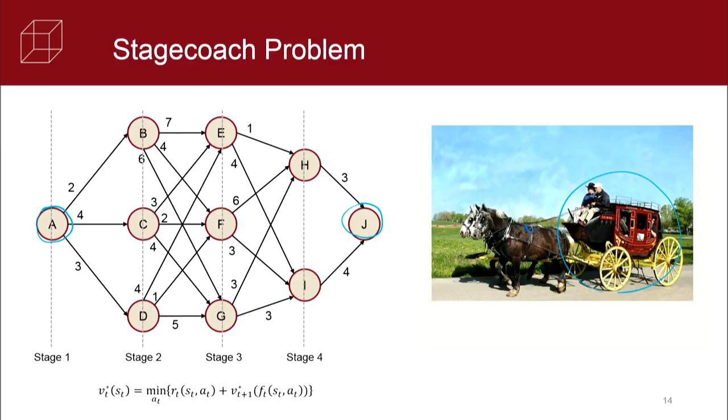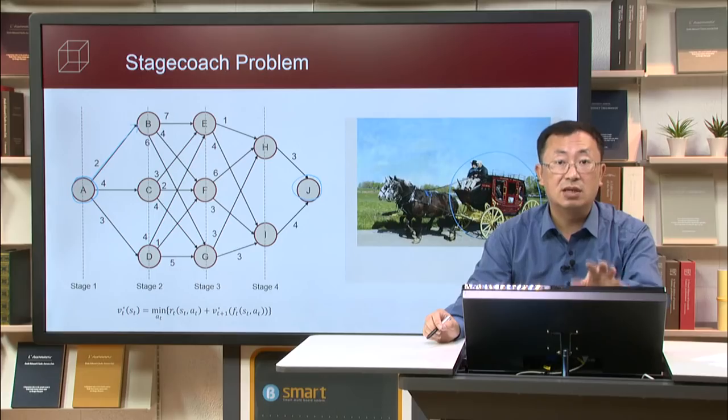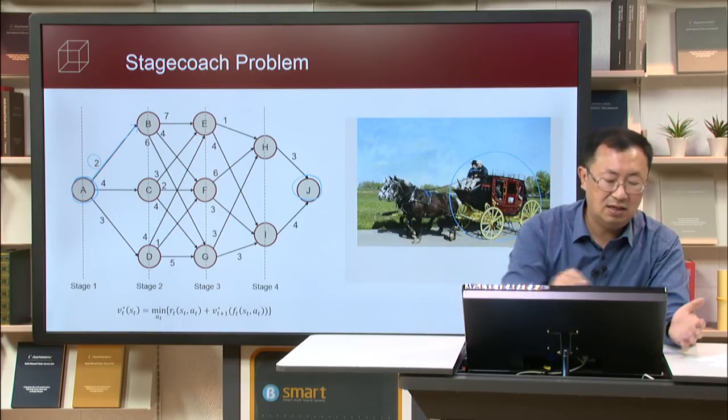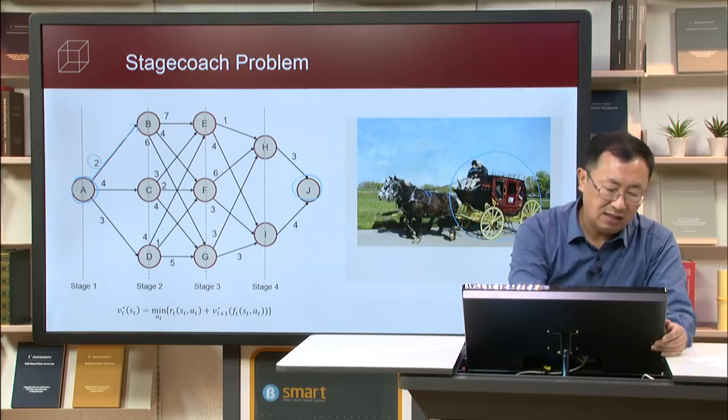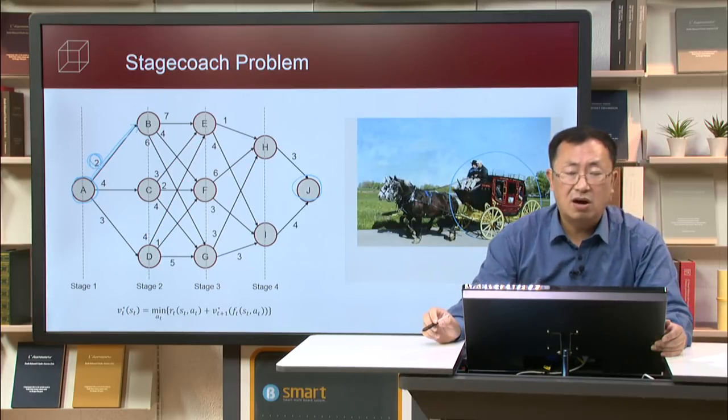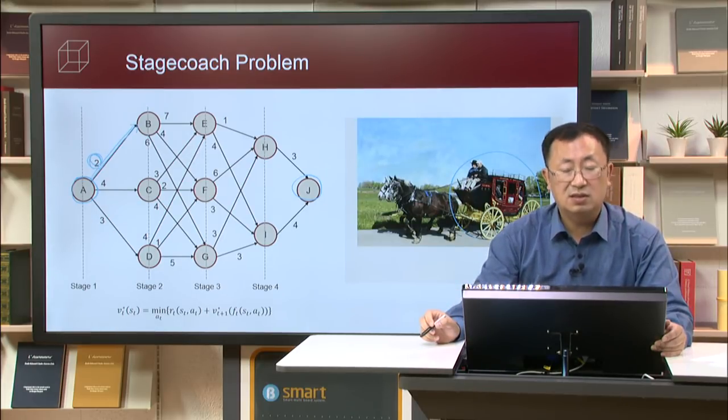Each arc represents a road from one city to another, for example from city A to city B, and it takes, let's say, 2 hours or 2 days. The number on the arc represents the distance between cities.